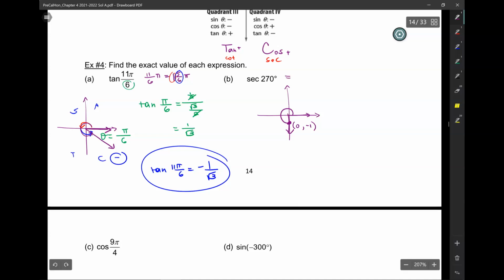What's secant? It's 1 over cosine, right? Cosine is x over r, so secant is r over x. That's 1 over 0, undefined.